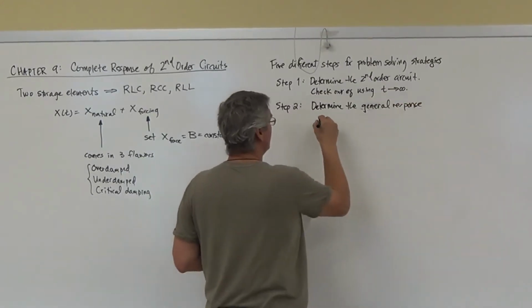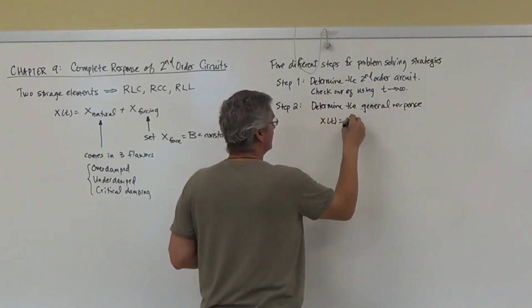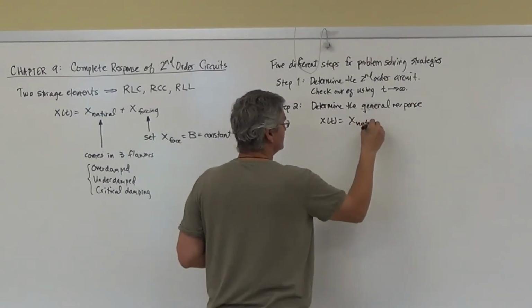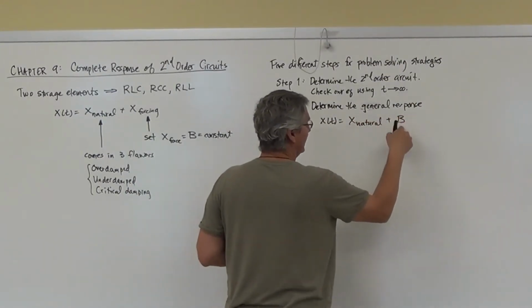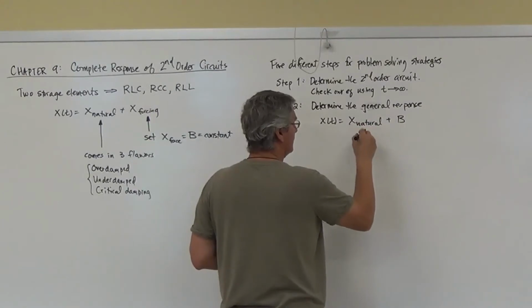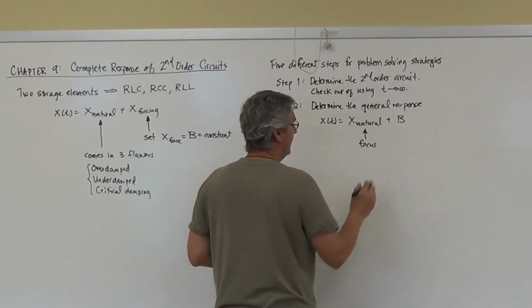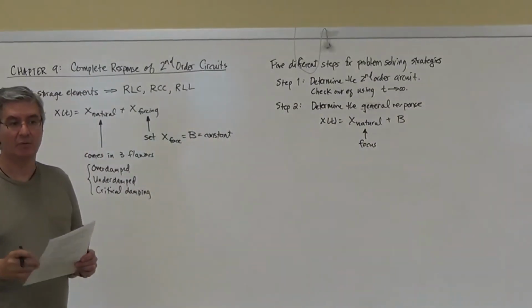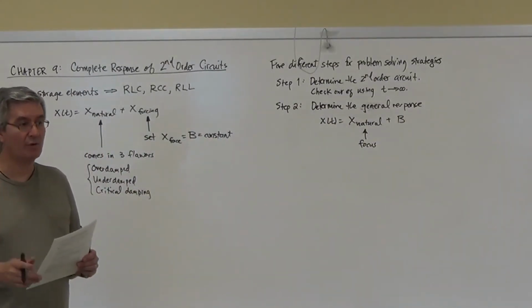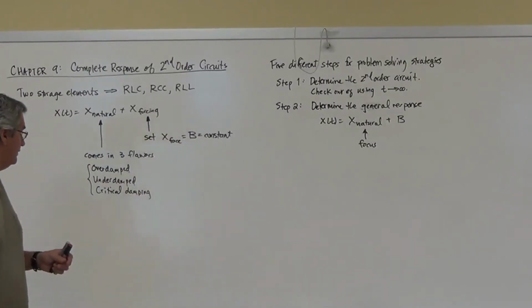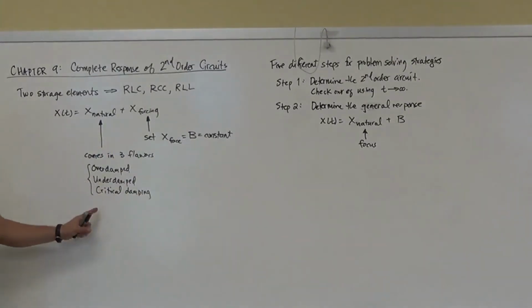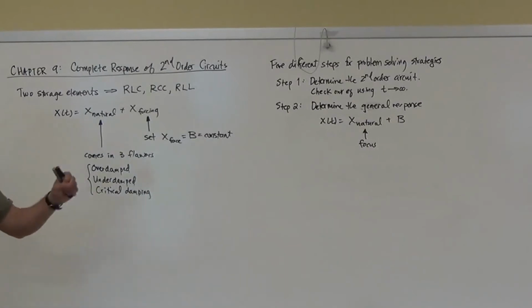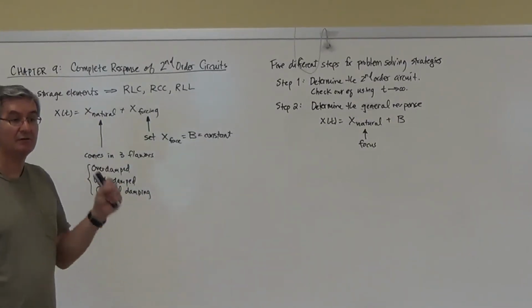Here it's the natural response that we're going to focus on. We'll ultimately have to solve a quadratic equation, and determine whether it's overdamped, underdamped, or critically damped. Each of these has a particular response.